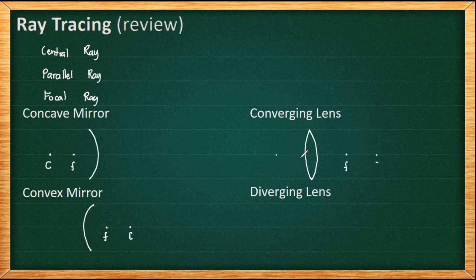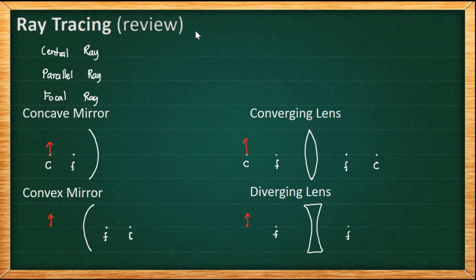Then you have here the diverging lens. From its name, we know that a diverging lens diverges parallel rays, right?